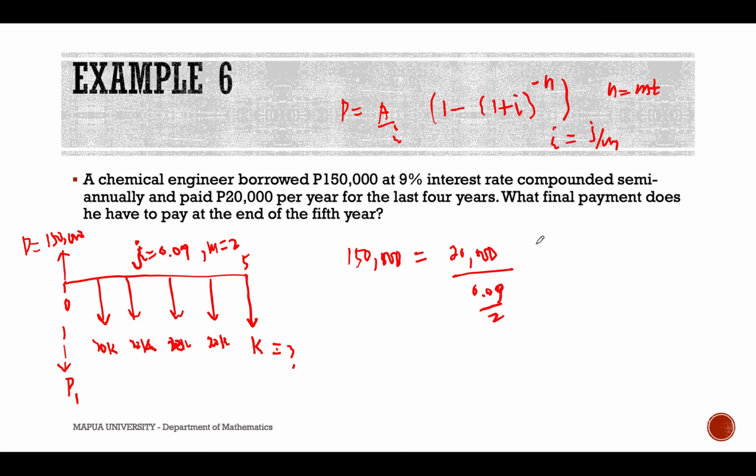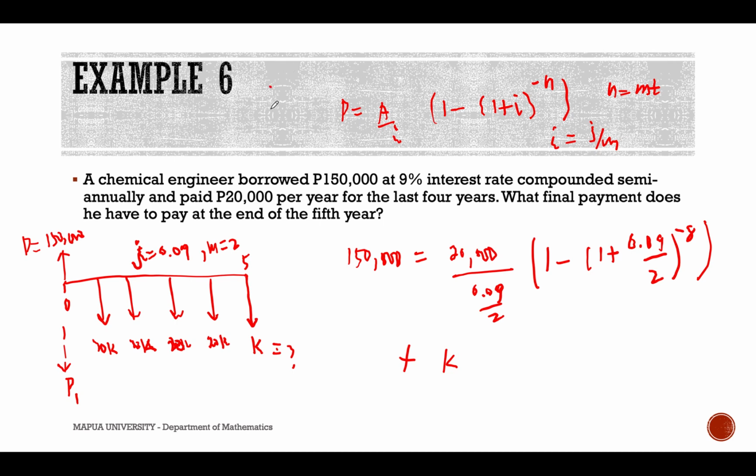And then 1 minus 1 plus 0.09 divided by 2. Now we have 4 annuities here, so 4 times 2, so the total period will be 8, plus the present value of K.